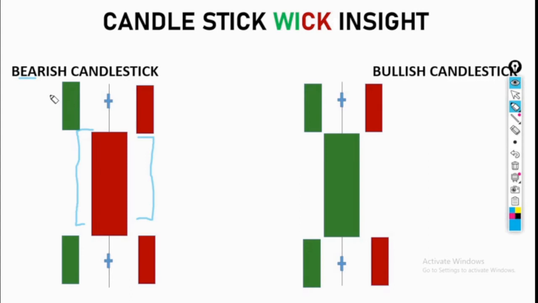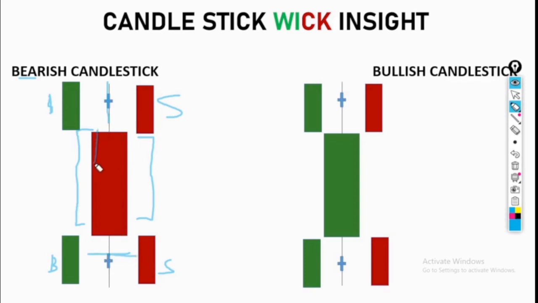These are buyers. These are sellers. Now, the buyers and the sellers were equal, and so they formed a wick at the top. At the bottom, the buyers' and the sellers' impacts were equal, so they formed a wick at the bottom.